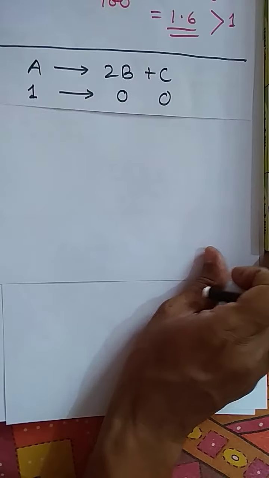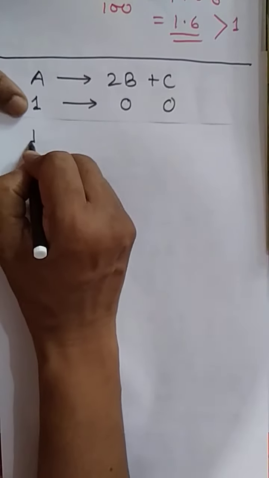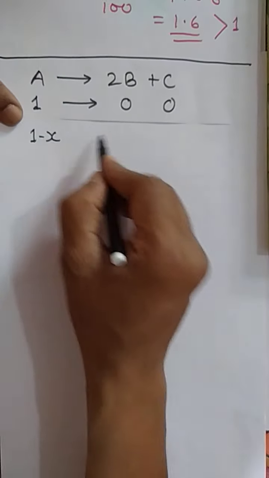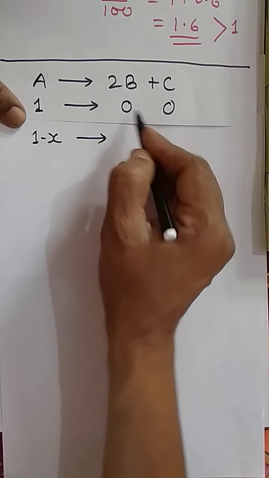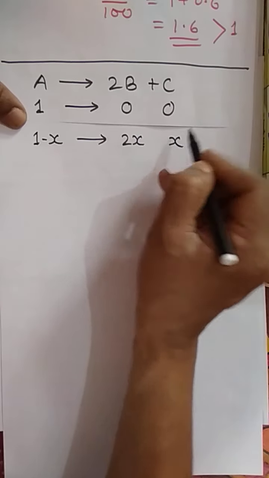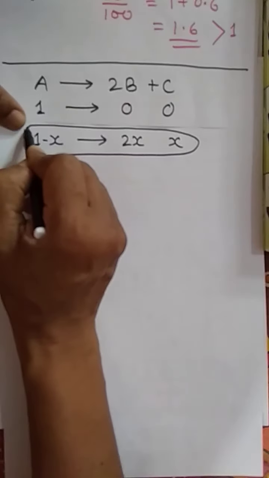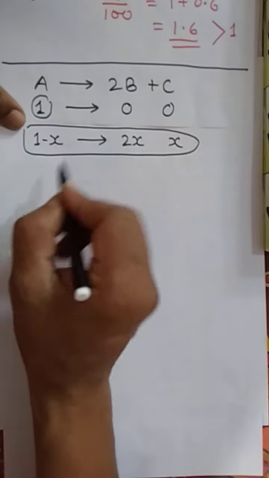Now if X molecules dissociate partially, it becomes 2X and this is X. So these are the molecules after dissociation, and before dissociation this is 1.